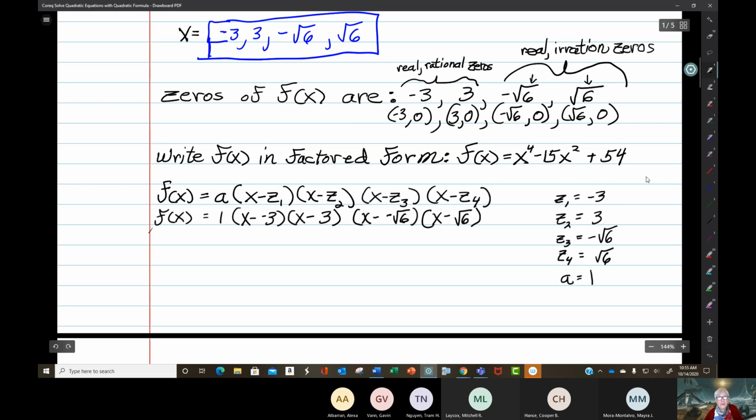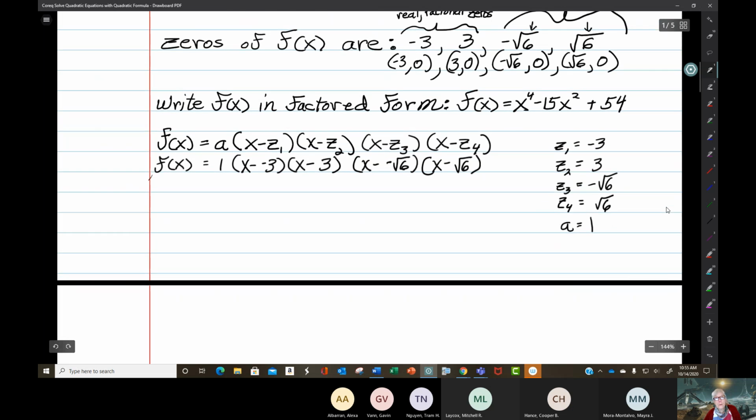And once I have all that written down, I'm going to go back and clean it up. F of x equals, when 1 is multiplied by something, it becomes invisible. So we're going to let it be invisible.